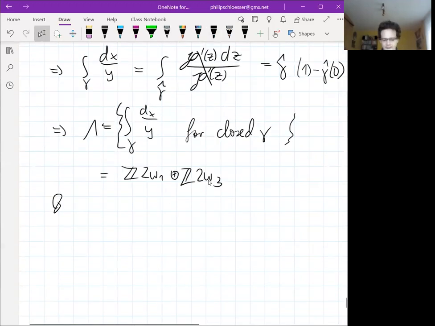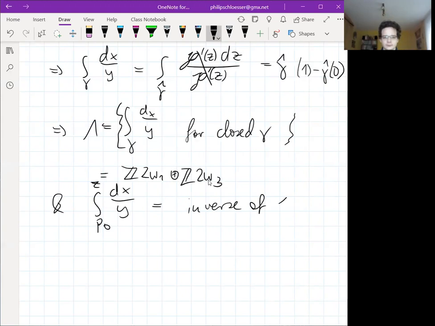And again, similarly, that function defined for some base point of that integral is actually just the inverse of p, or I guess of the morphism that maps a point to that point there.